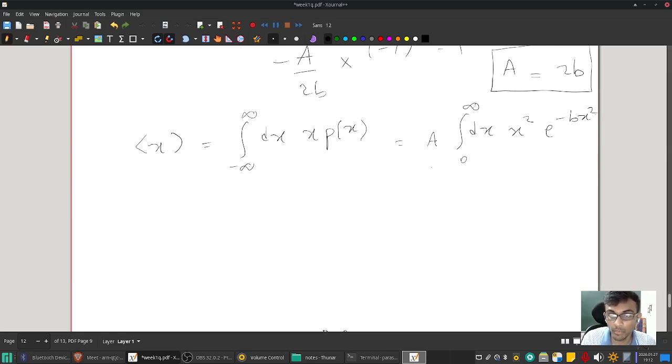So we have to do this integral now. So A we know is 2b.